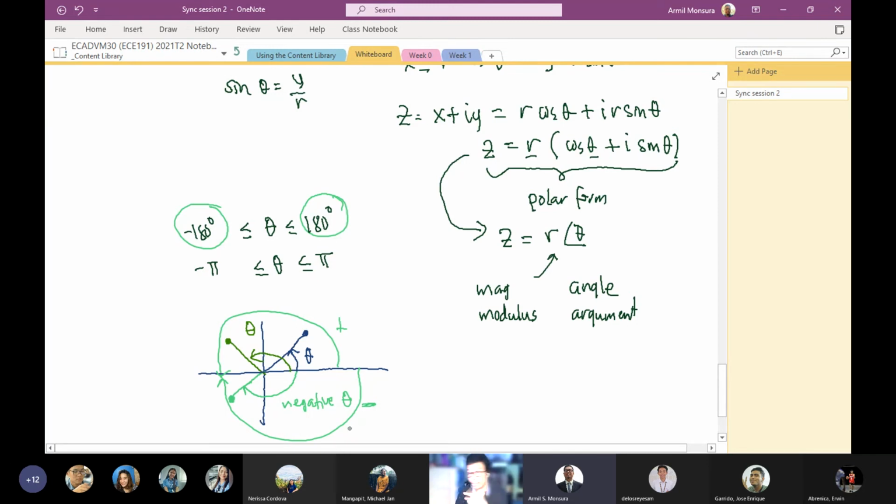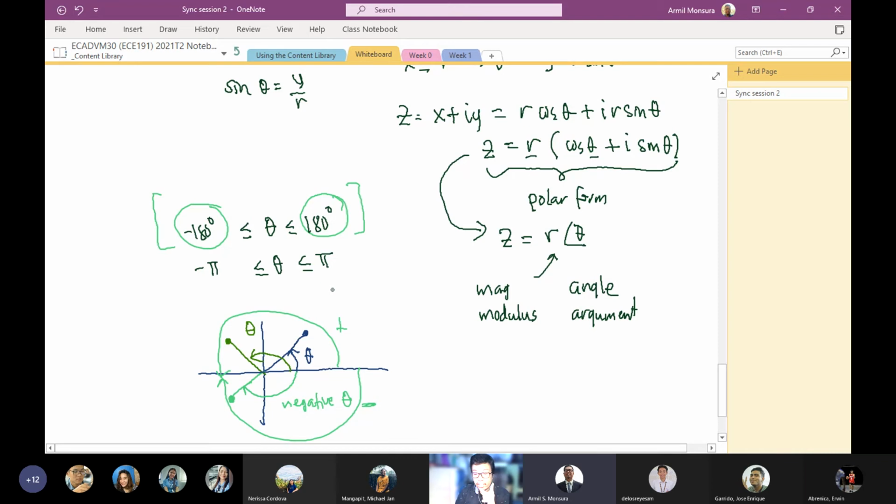And conversely, if your angle is negative, it means that your number is either on the third or on the fourth quadrant, depending on how large the angle is. And if your angle is positive, then your point is on either the first or the second quadrant, depending on how large the angle is. Basta ito lang yung range niya. Negative 180 to positive 180.